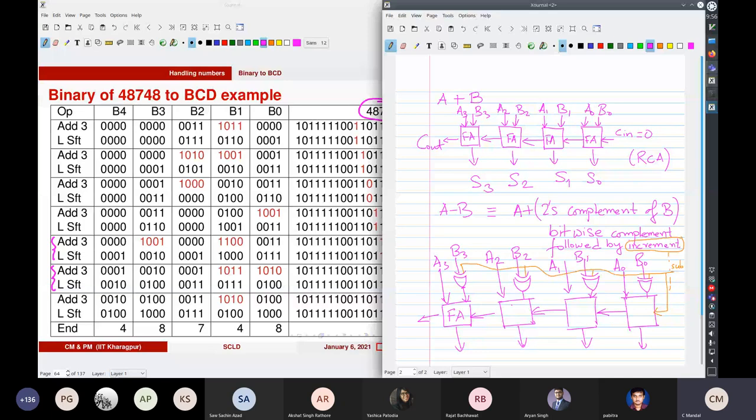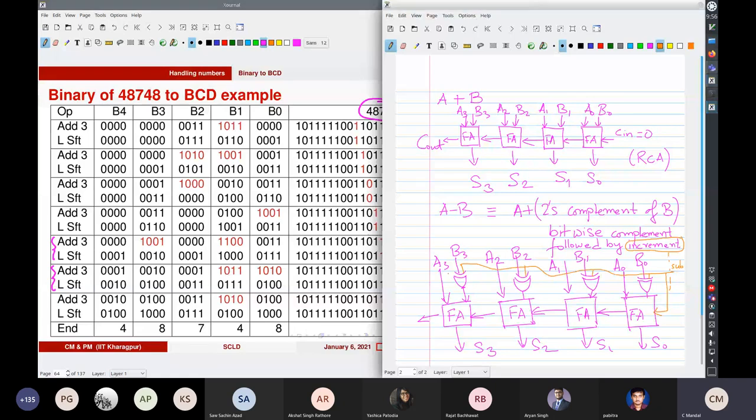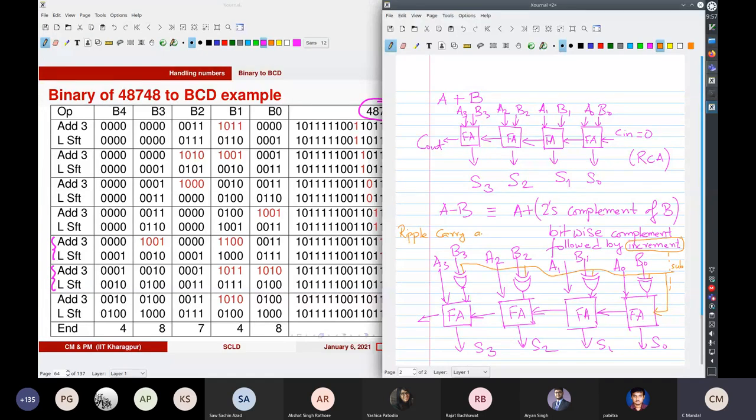These are all the same full adders, and this is your sum. So this is your ripple carry adder subtractor.